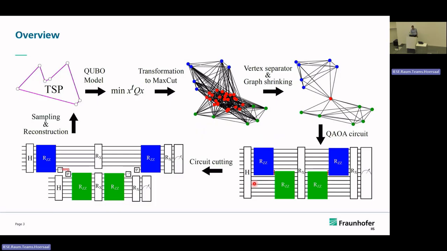You can rearrange them such that all of the blues, corresponding to the blue partition here, are on one side, and the greens are on the other side. And then you see that there's only one qubit, corresponding to this single vertex separator here, that actually interconnects those. And those we're going to cut, okay?